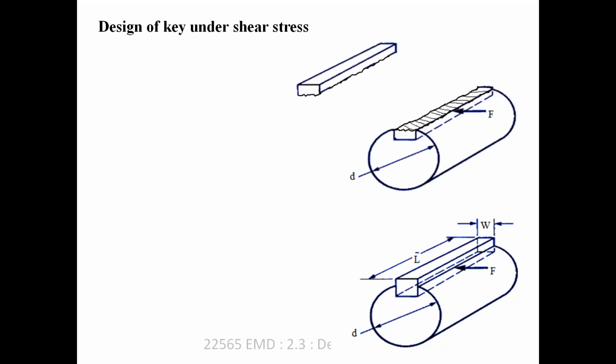It is going to shear out. Look at the picture again: the shearing of the key. Half portion of the key is cut down and remains inside the hub or boss, and half portion remains inside the shaft.